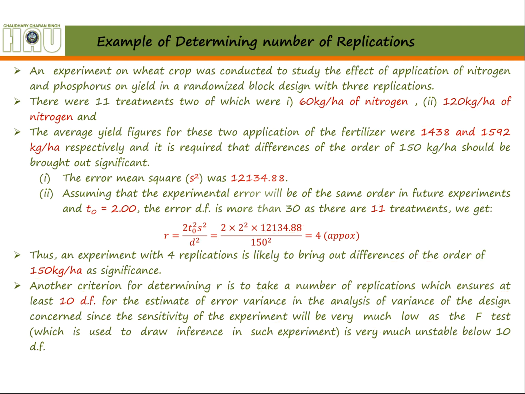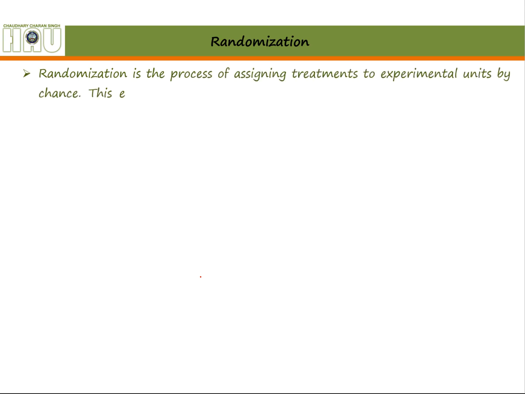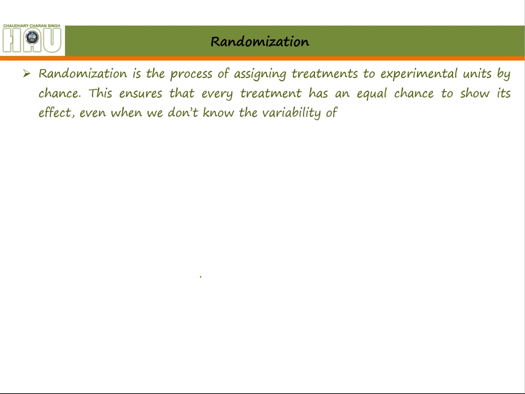Then the second part, which is randomization. So what is randomization? I have briefly defined randomization in the introductory part. Randomization is the process of assigning treatments to experimental units by chance. If we apply the randomization process, it ensures that every treatment has an equal chance to show its effect.